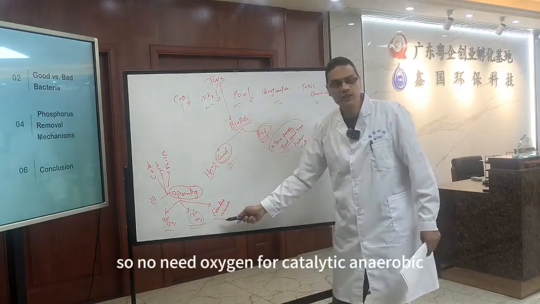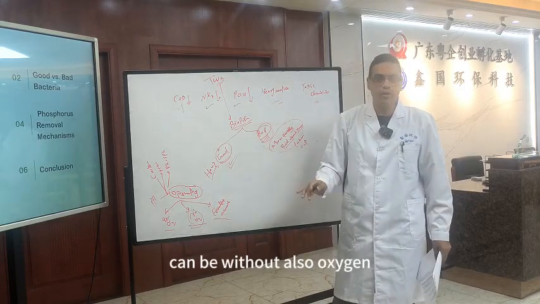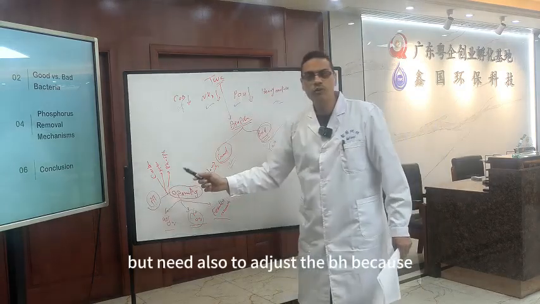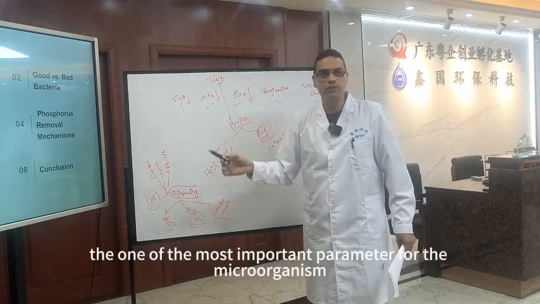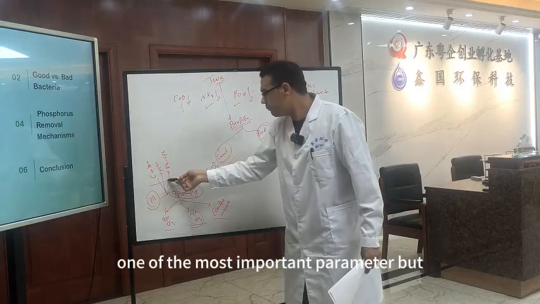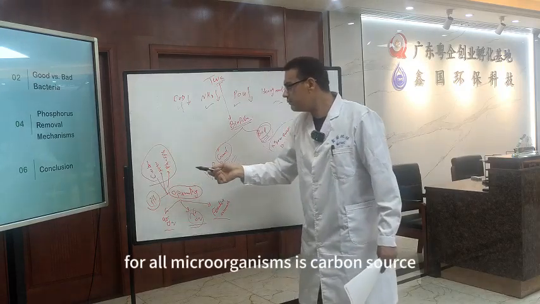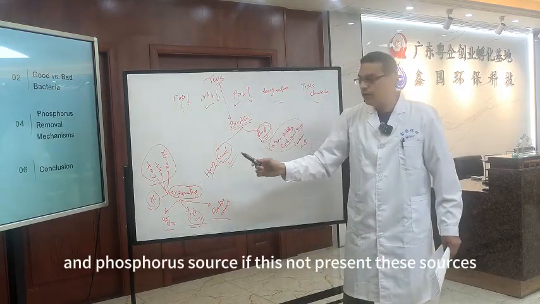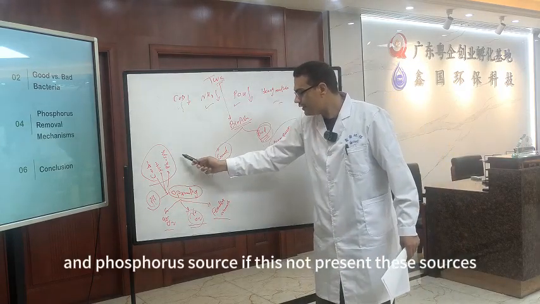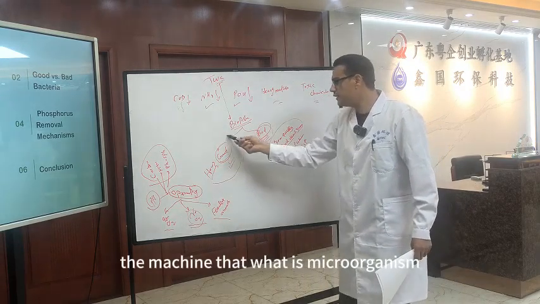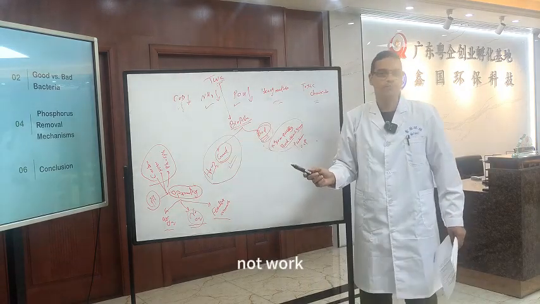For facultative anaerobic, it can also be without oxygen, but we need to adjust the pH, because pH is one of the most important parameters for the microorganism. Also important for all microorganisms are carbon source, nitrogen source, and phosphorus source. If these sources are not present, the machine, which is the microorganism, does not work.